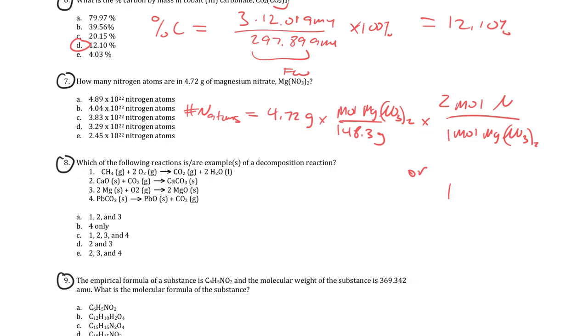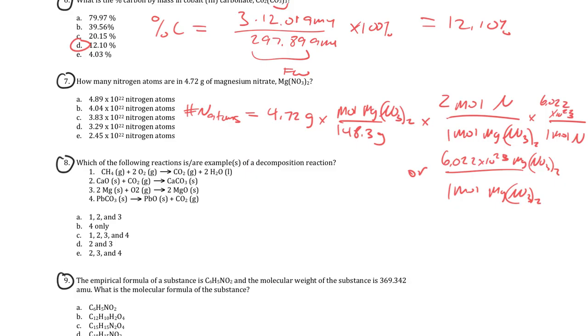Or we can do for every 1 mole of magnesium nitrate, there's an Avogadro's number of units of that formula, and then for every unit of the formula, there are 2 N's. Or for every 1 mole of nitrogen, there's an Avogadro's number of N atoms. So if I'm finishing off the top step, I'd say for every 1 mole of N, that would correspond to 6.022 times 10 to the 23 N atoms.